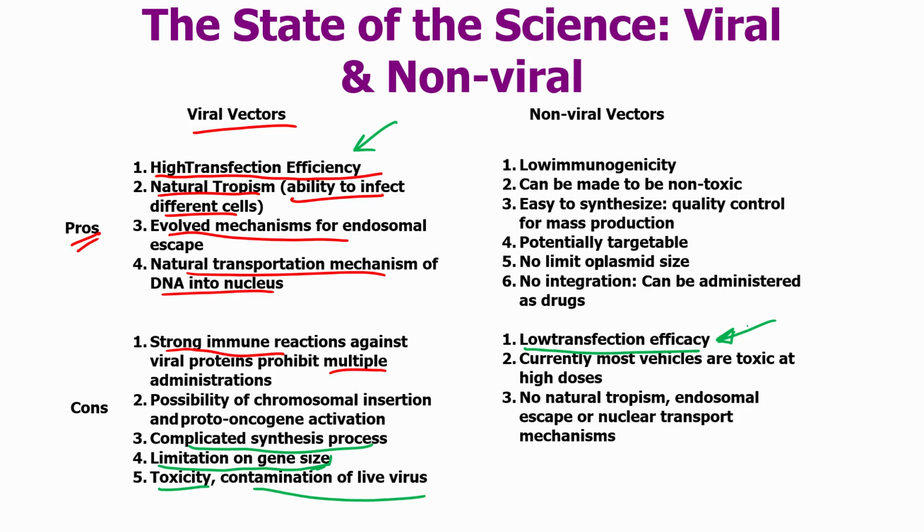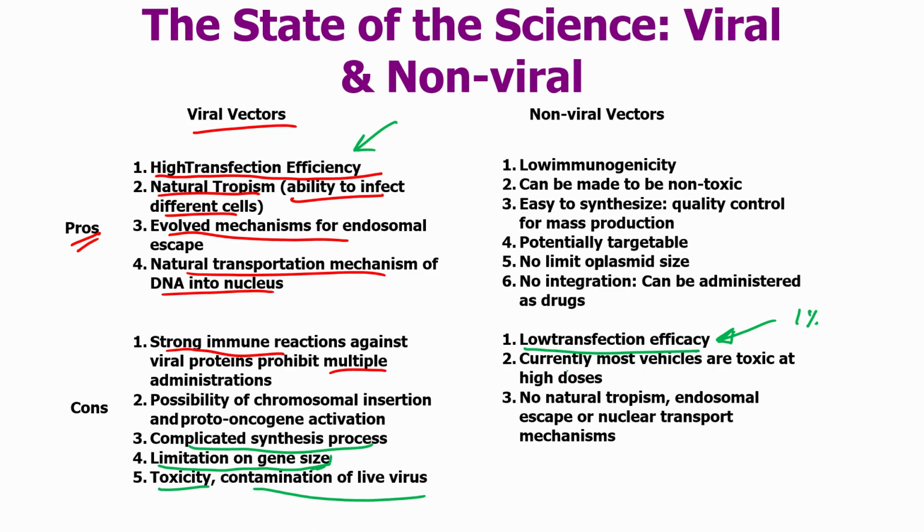We have been trying to improve that, but we have not become as good as nature. This could be as low as 1%, it just depends on what you are using, and that means that almost 99% or more of your drug is getting inactivated or is wasted.